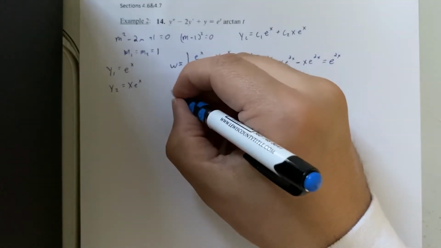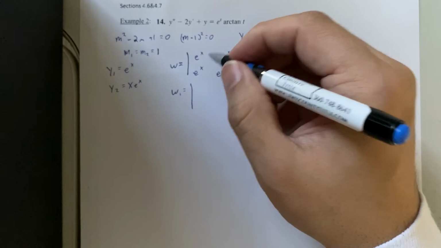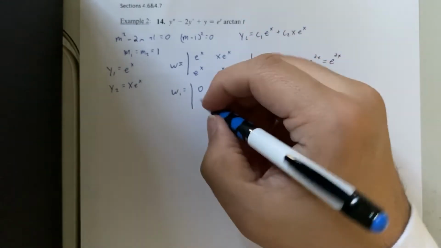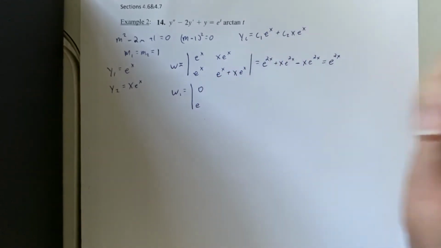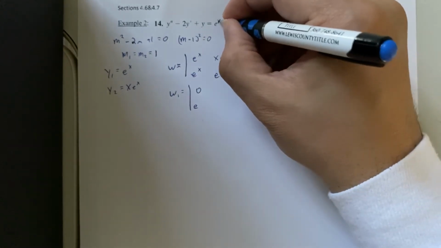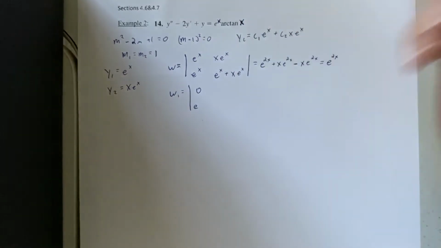The x e to the 2x's are going to cancel out, so my Wronskian is just e to the 2x. My Wronskian sub 1, I eliminate the first row with 0 and f of x. Oh, brother. I'm just going to go ahead and change this to e to the x arc tangent of x, and then at the end, I'm just going to replace all my x's with t's.